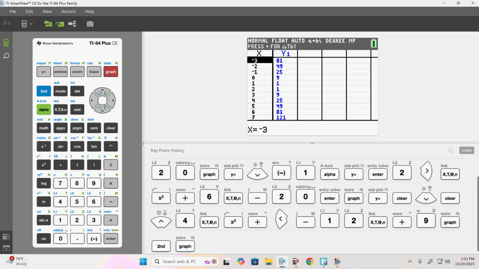If we go second graph, well, we knew that that value was somewhere close to positive 1 or positive 2. Do we have a y value of 0 listed here? No. Now, there are ways that we can use the graphing calculator to mess with this.